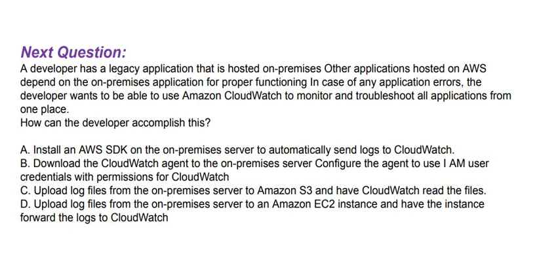Option C, upload log files from the on-premises servers to Amazon S3 and have CloudWatch read the files. And option D, upload log files from the on-premises server to an Amazon EC2 instance and have the instance forward the logs to CloudWatch. The correct answer is option B.